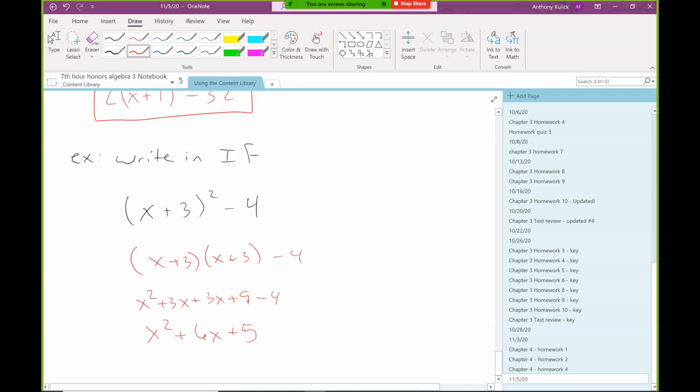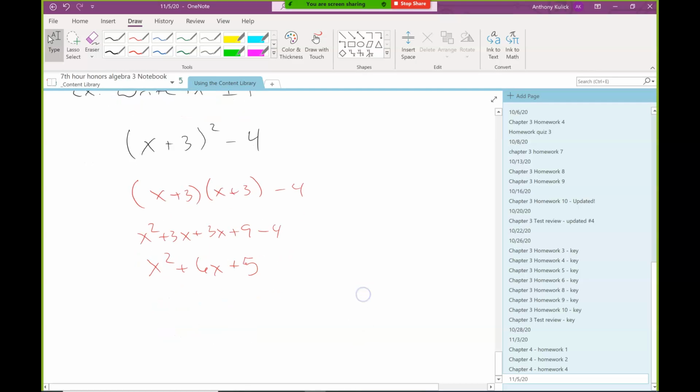So now we're in standard form, right? So to factor this, we need to find the 2 numbers that multiply to give us what number? 5. And add to give us 6. Those 2 numbers are not 2 and 3.